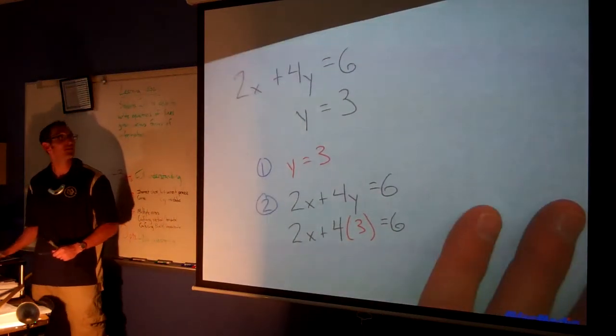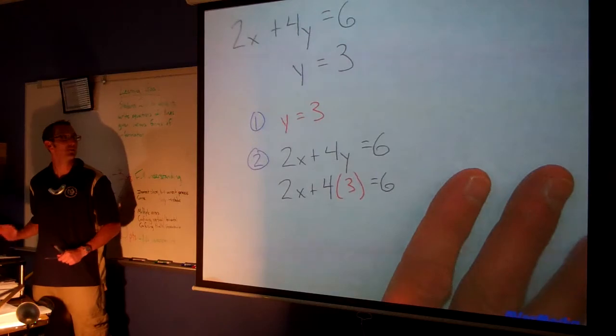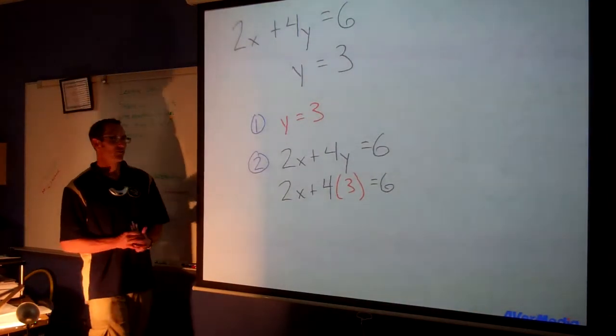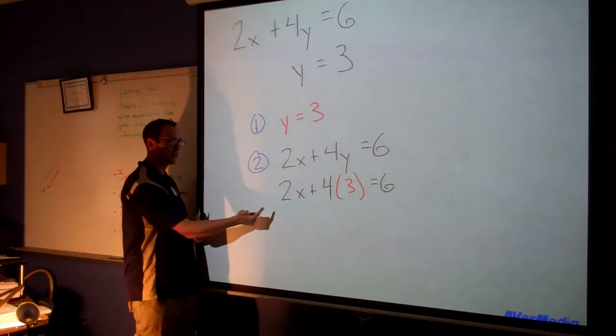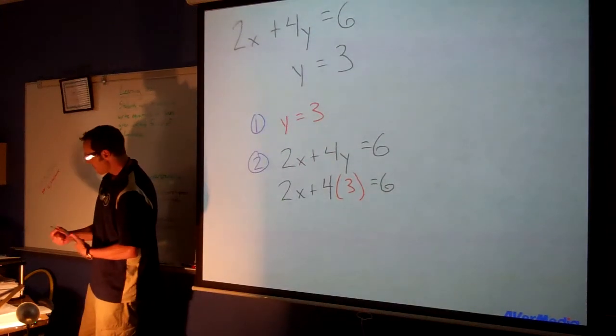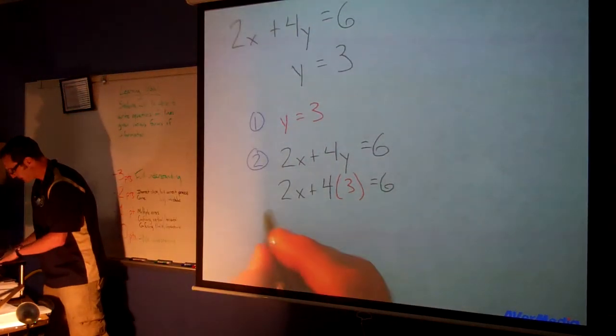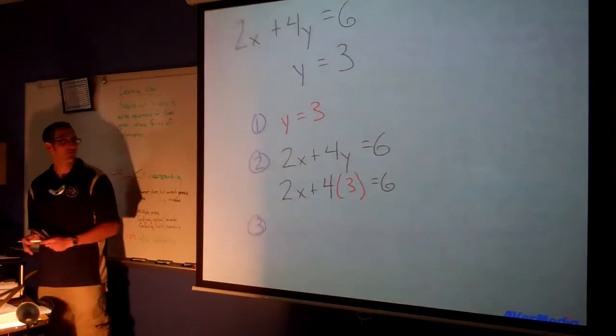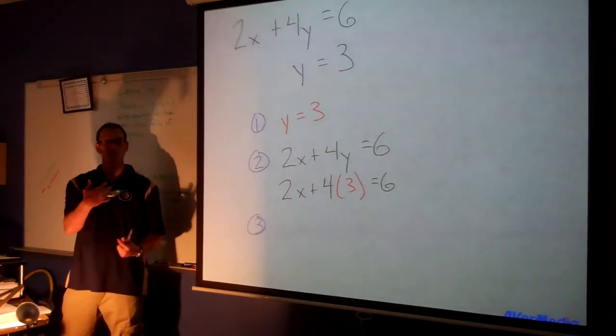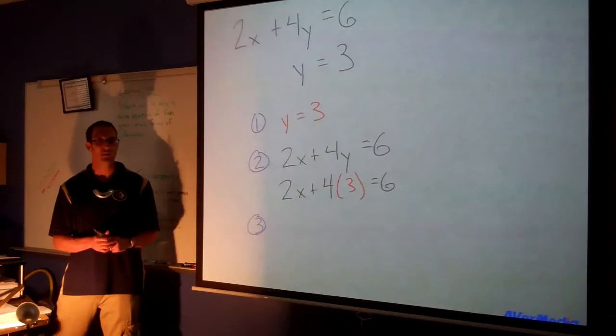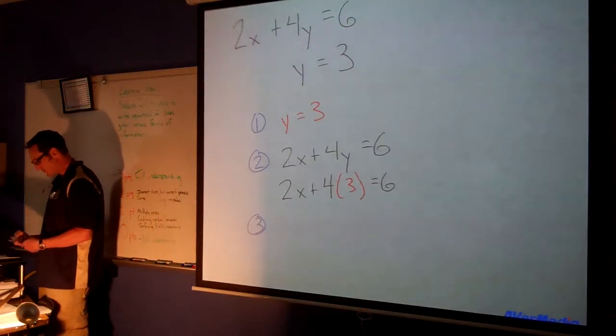So the first step was to find the value of one variable. The second step was to plug that value into the other equation. The third step now is to find the value of the other variable, which brings us into the prior knowledge piece of solving equations.